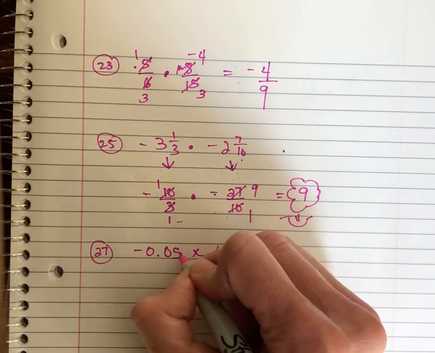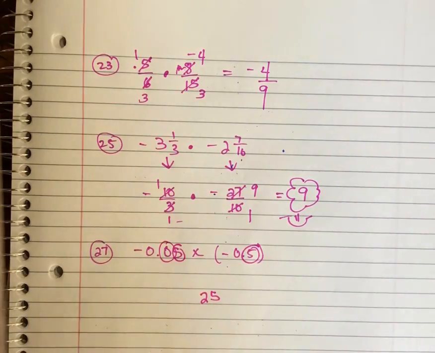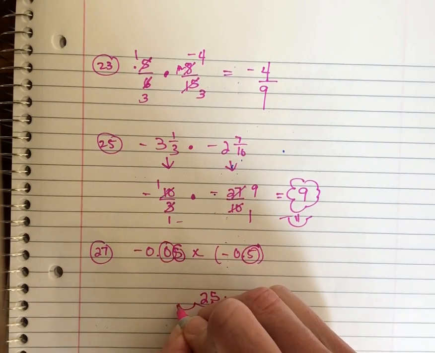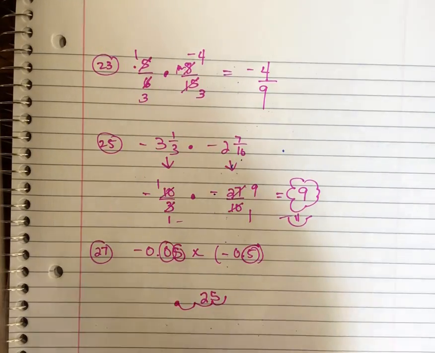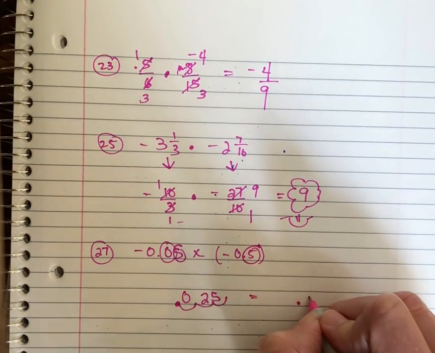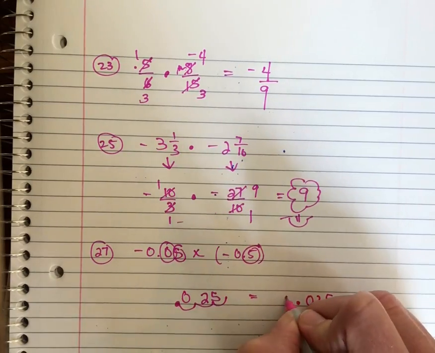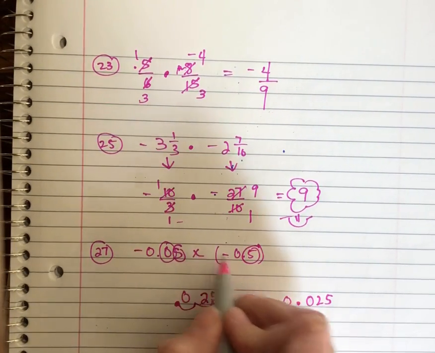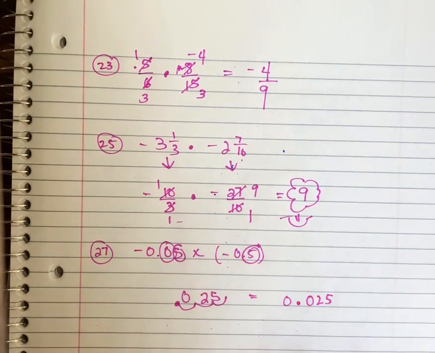There's 1, 2, 3 numbers behind the decimal points. 1, 2, 3. In my empty spot, I just need a 0. So if I want to rewrite that, I can put a 0 in the front. Let's check this sign. The opposite of a negative makes it a positive.